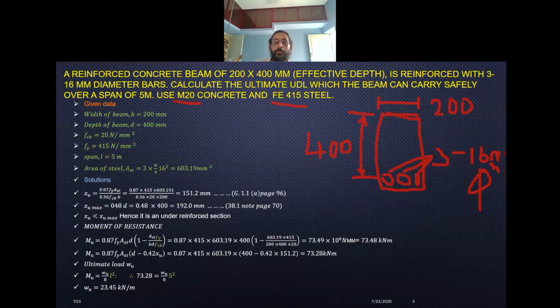Find the load which can carry, UD load. So this is a simply supported beam, and the span is 5 meter. That is given. The span is 5 meter. So find the UDL.